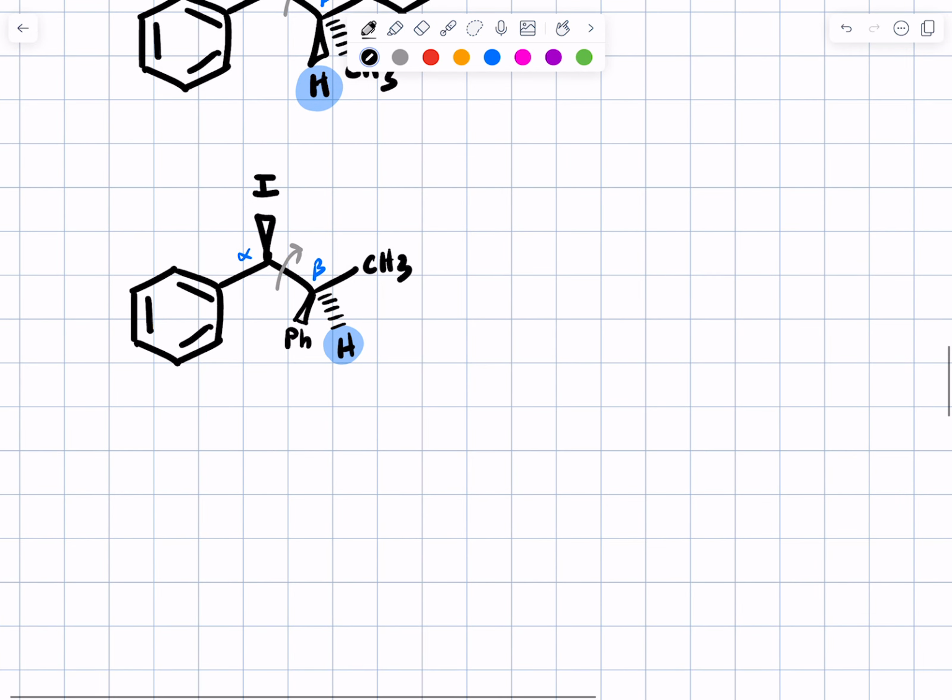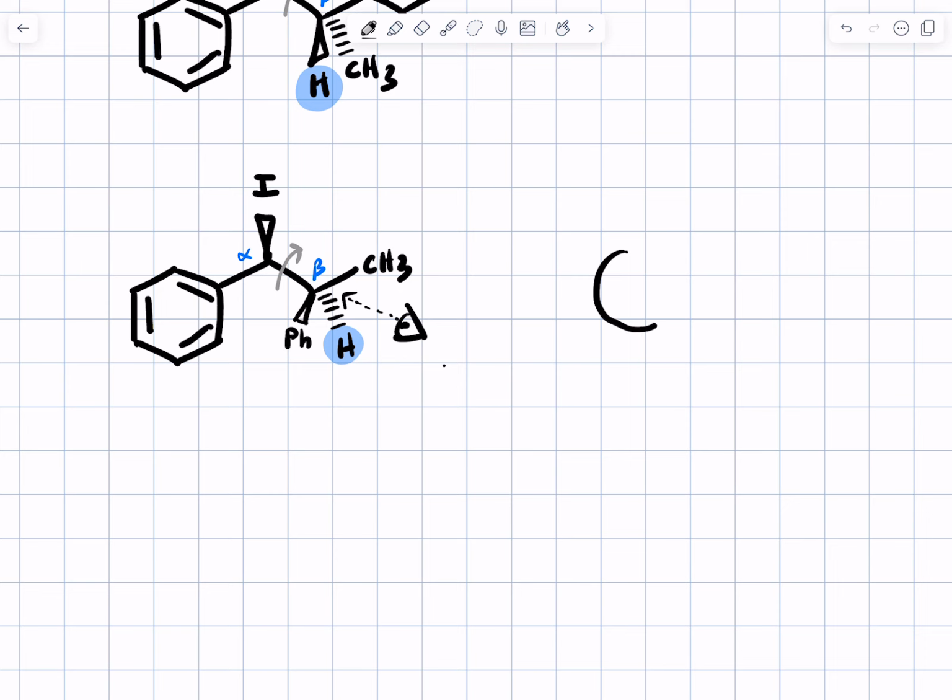So now it might be useful actually to draw the Newman projection just to confirm that the beta proton is anti to the leaving group. So here is that Newman projection. The beta carbon is in front. From our perspective, the CH3 group is oriented straight up. The phenyl group would be out to our left, and the beta proton is to our right.